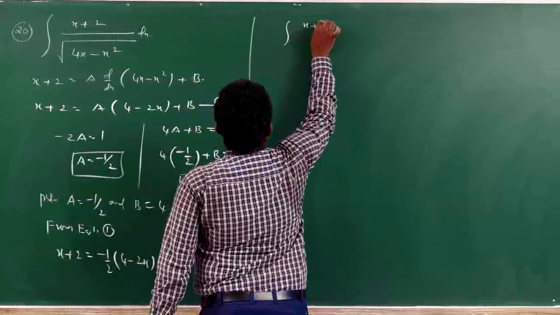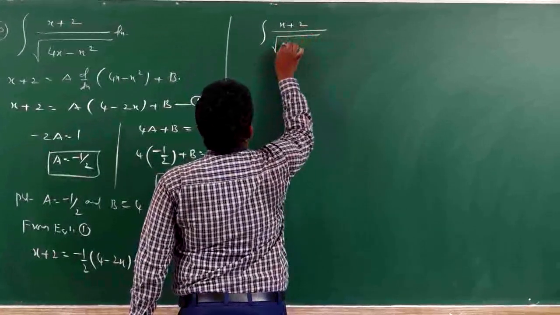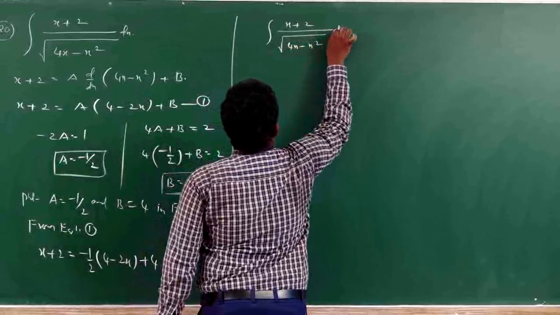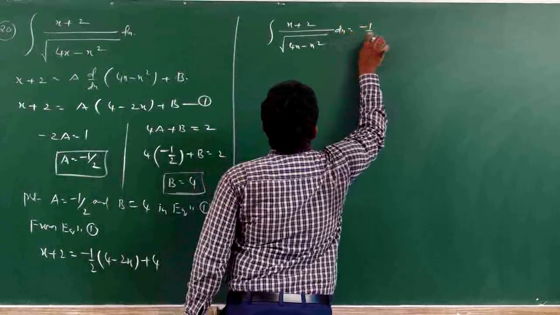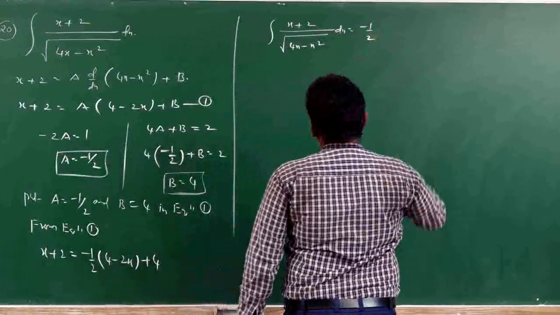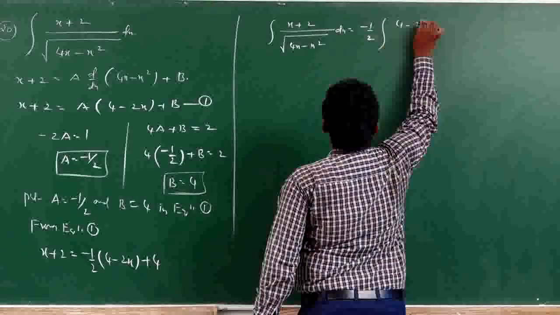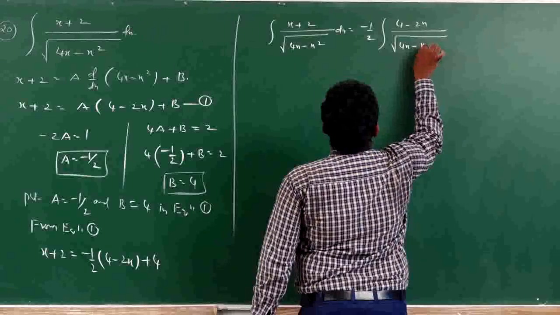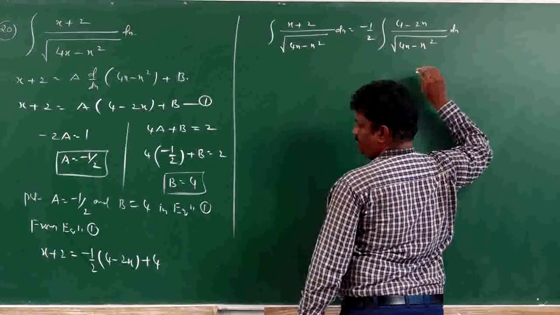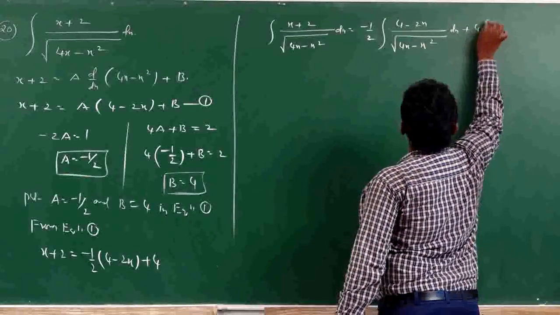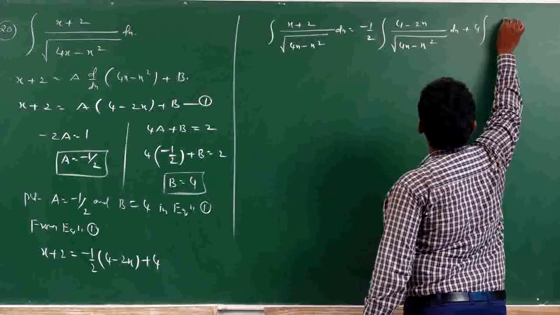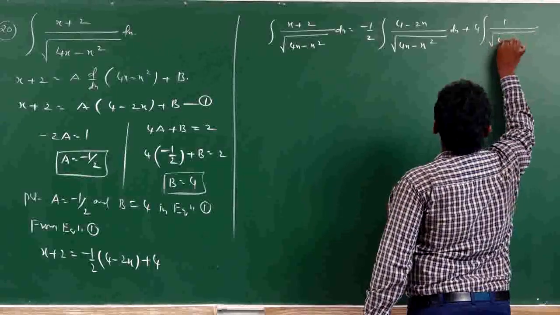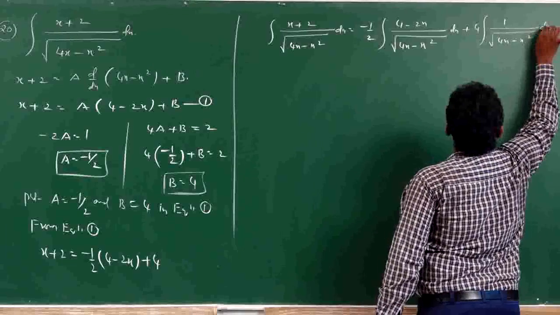Integral of x plus 2 by square root of 4x minus x square dx is equal to minus 1 by 2 integral of 4 minus 2x by square root of 4x minus x square dx, plus 4 into integral of 1 by square root of 4x minus x square dx.